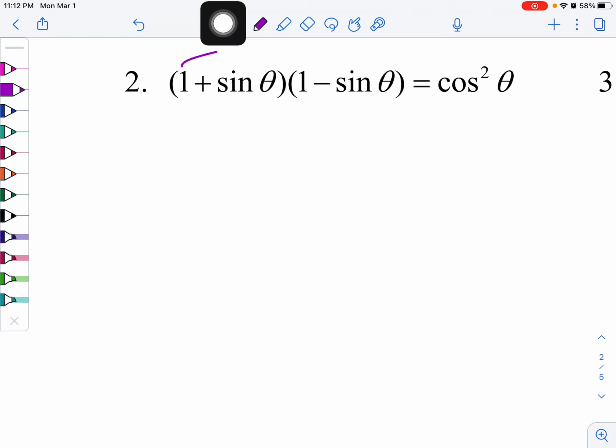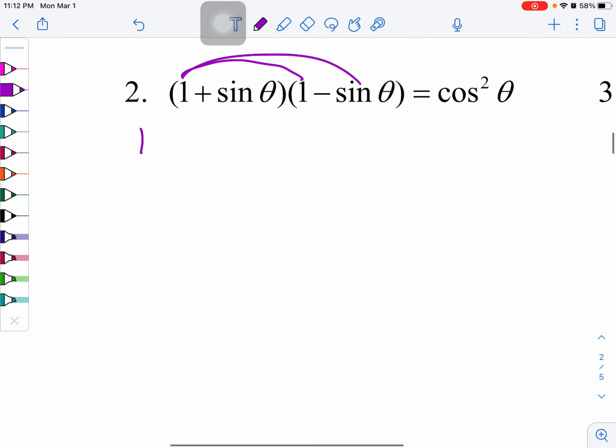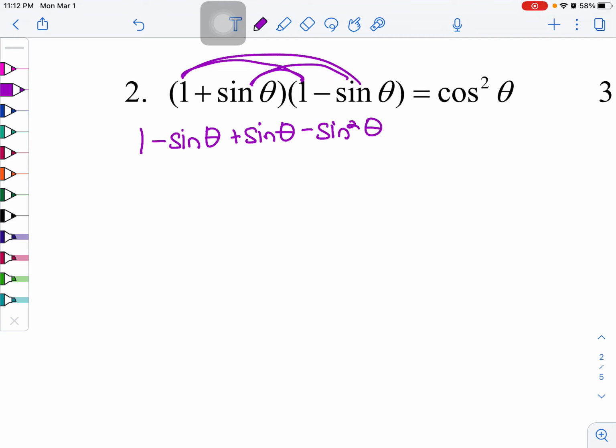All right, problem number 2. In this case, I'm going to multiply. I've got this factor times this factor, so let's go ahead and distribute it. So 1 times 1 is 1. 1 times negative sine of theta would be negative sine theta. Sine theta times 1, so plus sine theta.